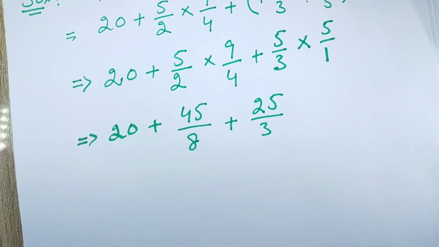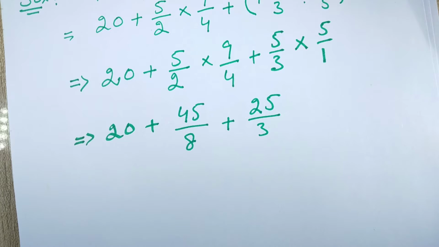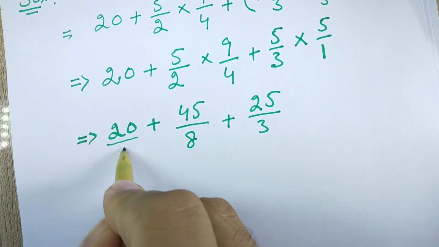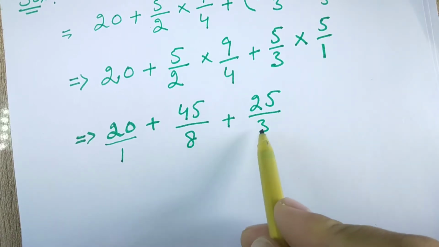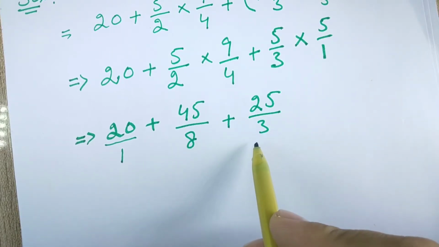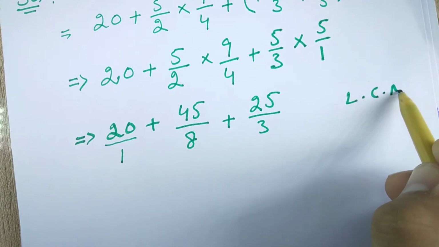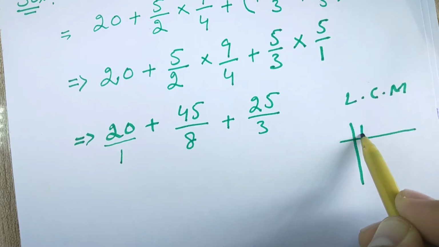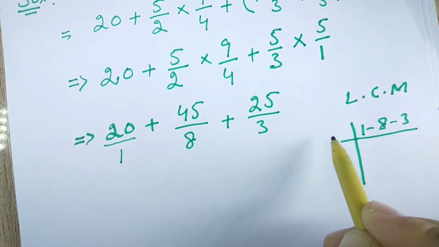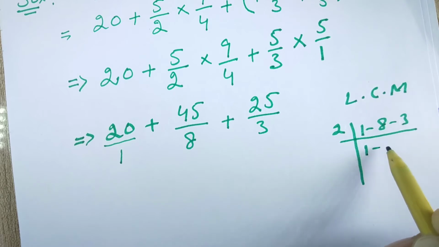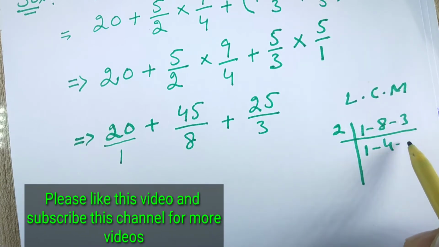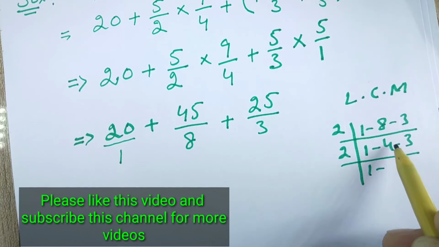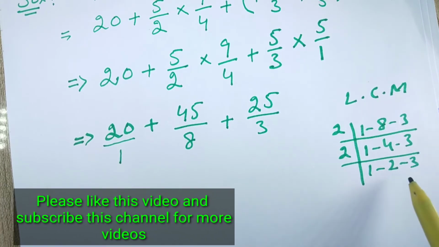First of all, we find the LCM of these numbers: 20 by 1, 8 and 3. LCM is, you can see, 1, 8 and 3. 1 stays the same, 2 times 4 is 8, 3 stays the same, again 2 times 2 is 4, 3.